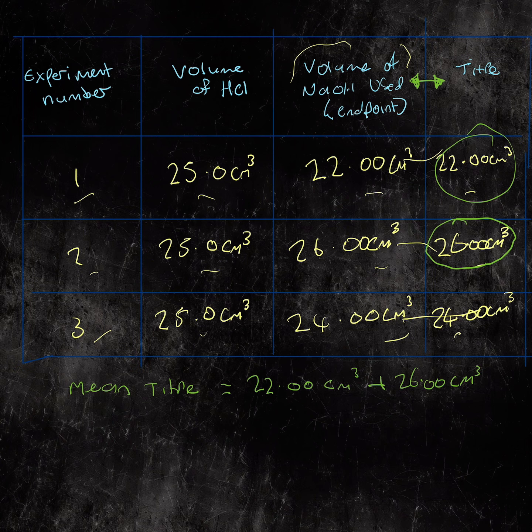It should all really be on one line, but I can't fit it on, so it's going to be plus that one, 24.00 cm cubed, put a bracket around that.